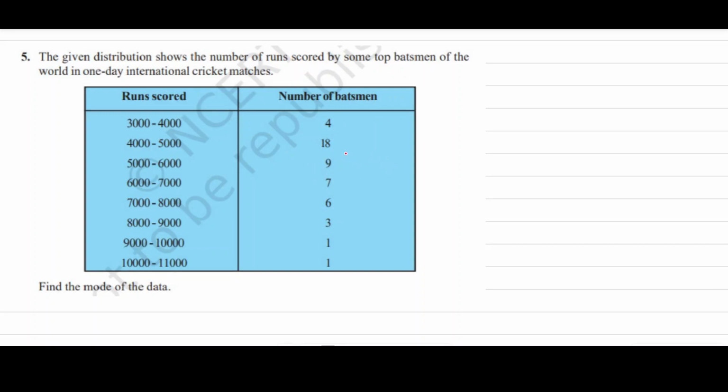That is very simple here, because mean is a very lengthy process, and here this is the maximum frequency, so this will be F1, this will be F0, and this will be F2. Now here this will be L, and H will be the difference, H will be 1000. Clear? I got everything here.